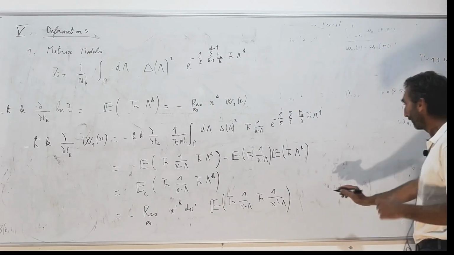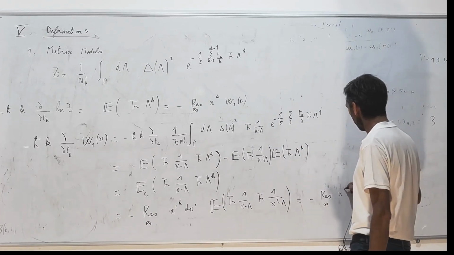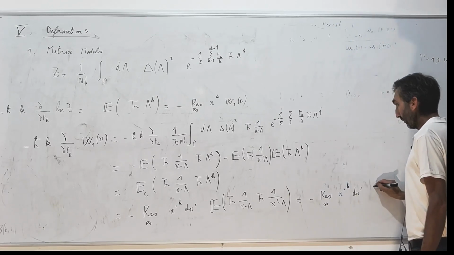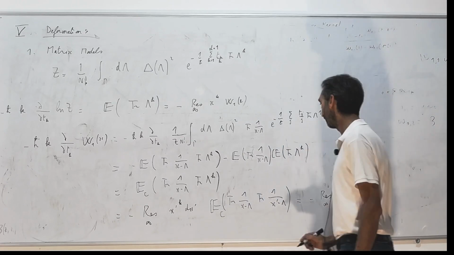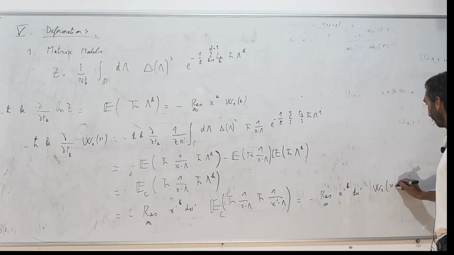This is the connected part, the cumulant, and this is what I call W2 of x and x prime.